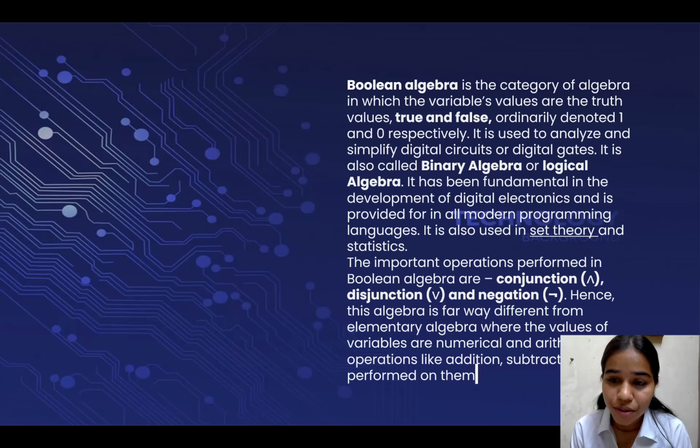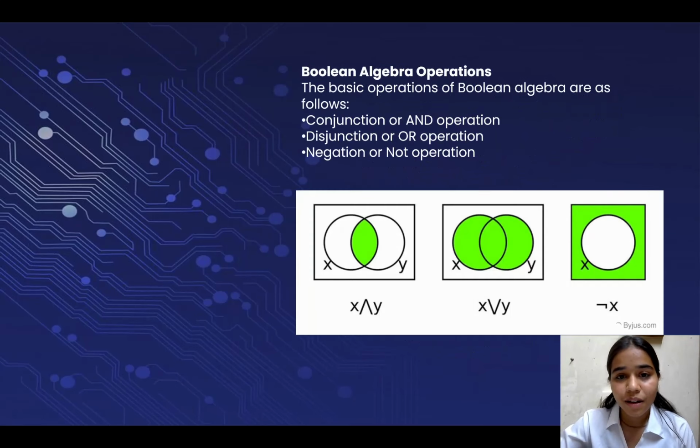It is also used in set theory and statistics. The important operations performed in Boolean algebra are conjunction, disjunction, and negation. Hence, this algebra is far different from elementary algebra, where the values of variables are numerical and arithmetic operations like addition and subtraction are performed on them.